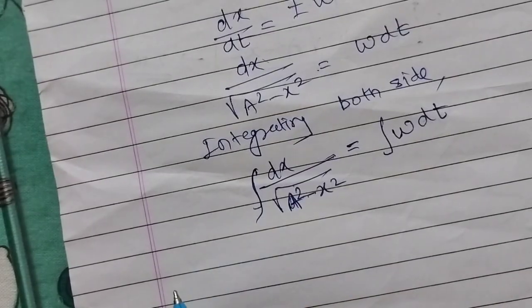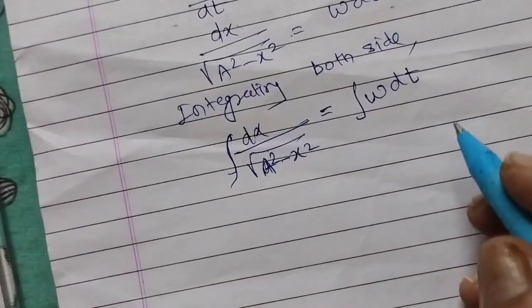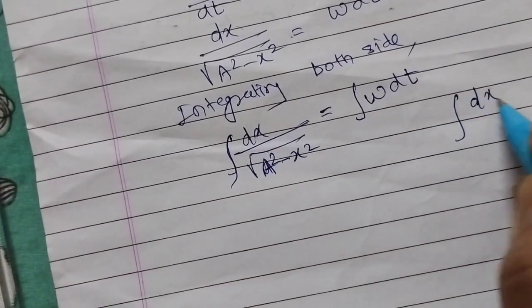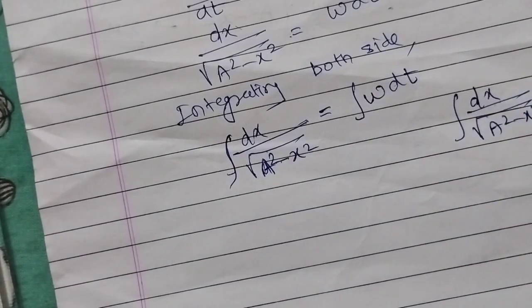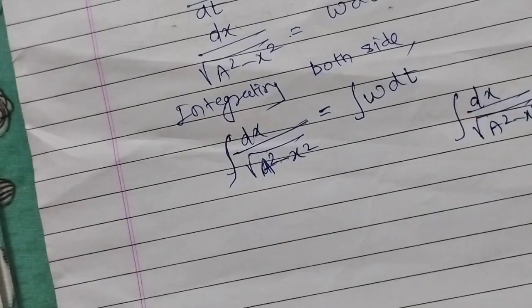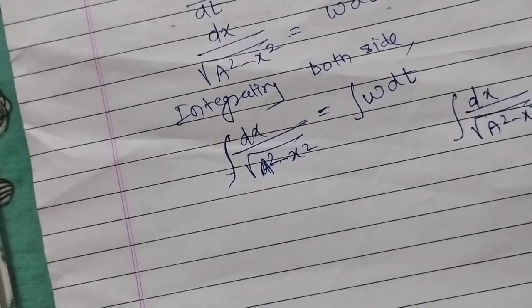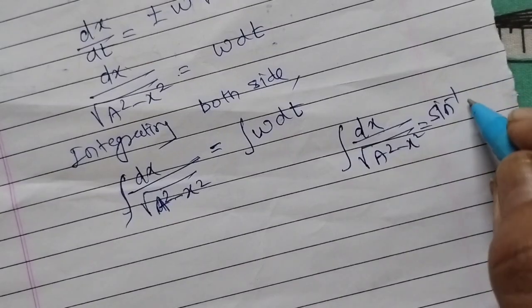So this is the formula for integration of dx upon under root of a square minus x square, that is equals to sine inverse of x upon a. Put here.